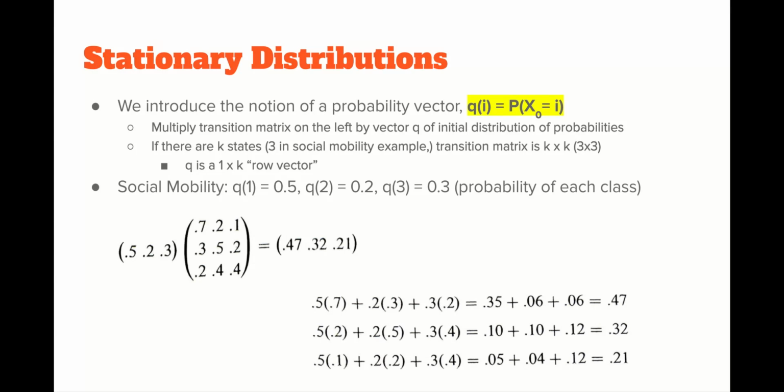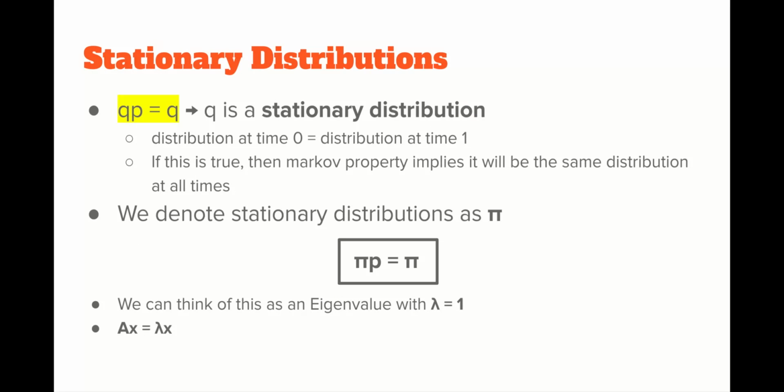For the social mobility example, suppose that Q1 is 0.5, Q2 is 0.2, and Q3 is 0.3. These are the proportions of people in each social class respectively. So half the population is in social class 1, 20% in 2, and 30% in 3. We multiply our matrix on the left by our Q vector, and we get 0.4, 0.47, 0.32, and 0.21. These are the proportions of people in each social class after one step.